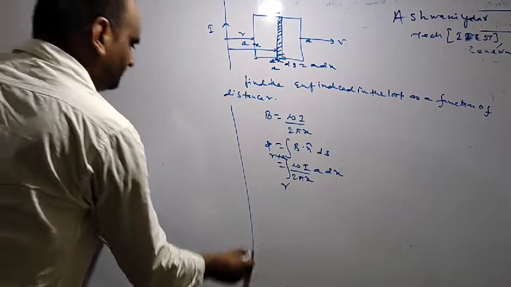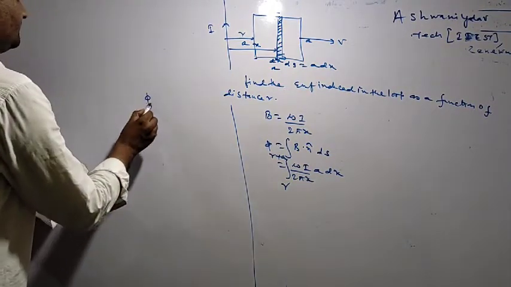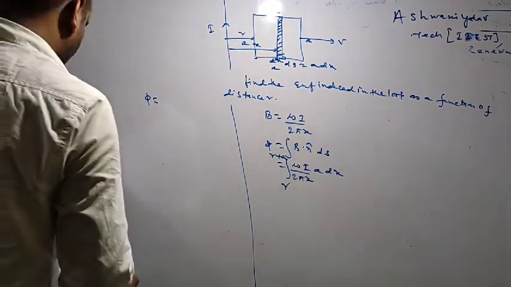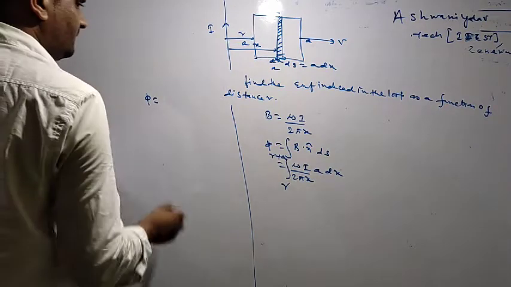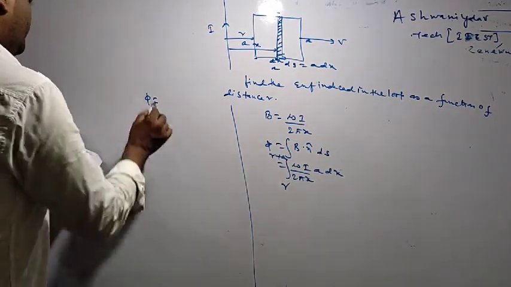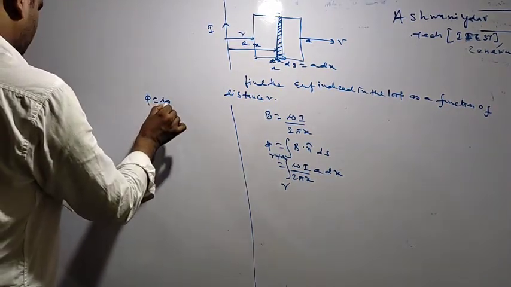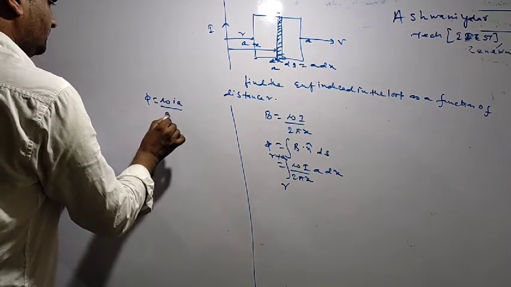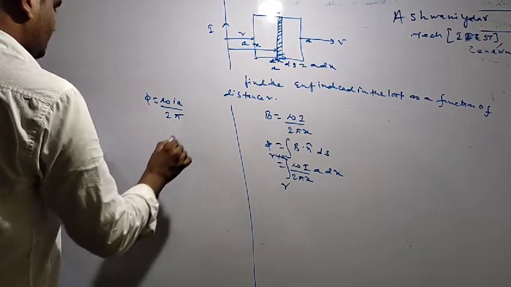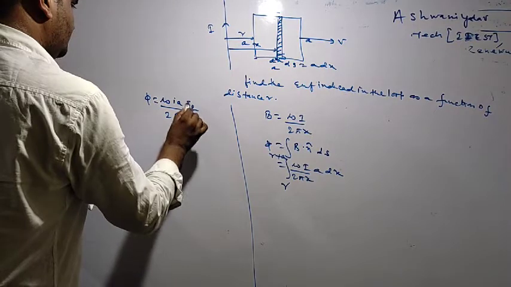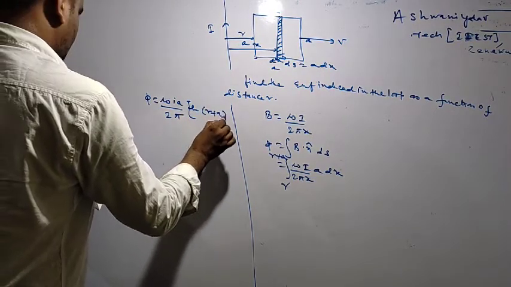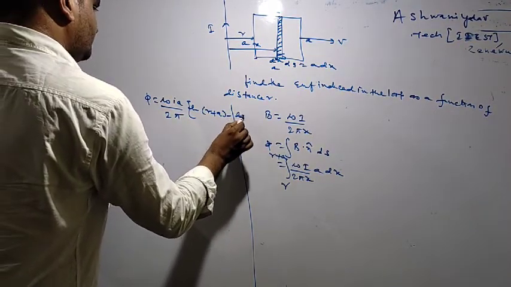So you can find the flux after evaluating this integration. I can write it directly because it's a very easy one: mu naught I a by 2 pi times ln of (r plus a) by r. This is very simple.